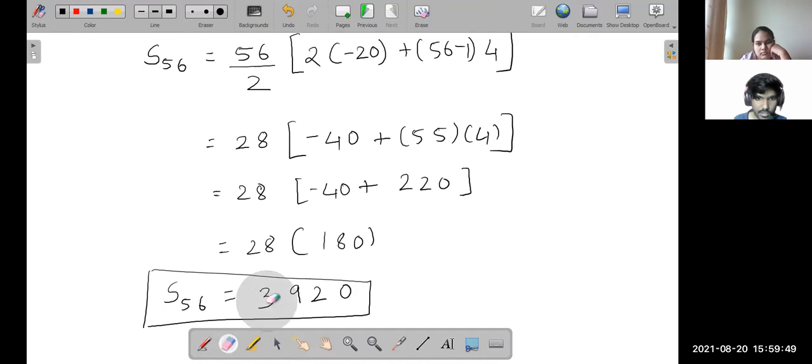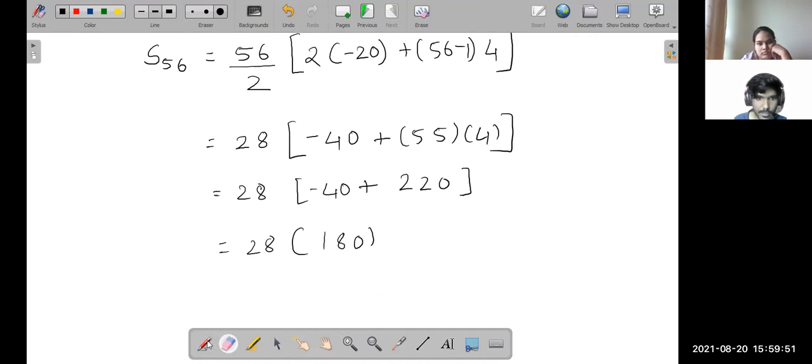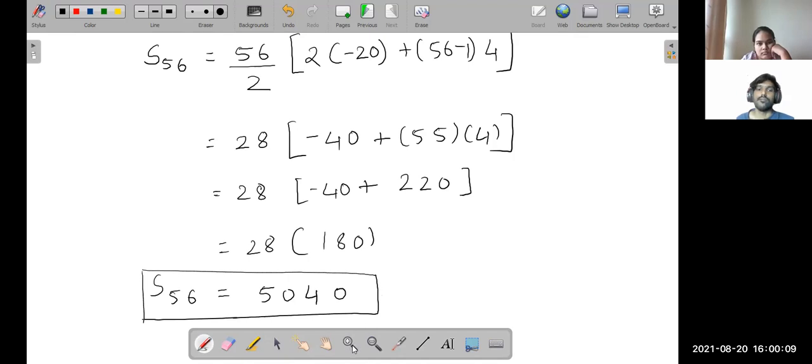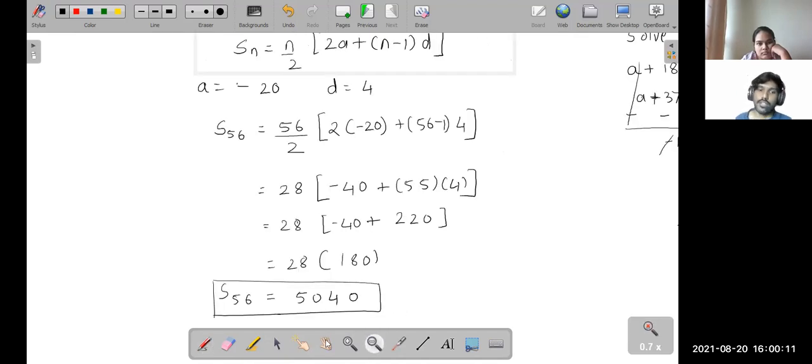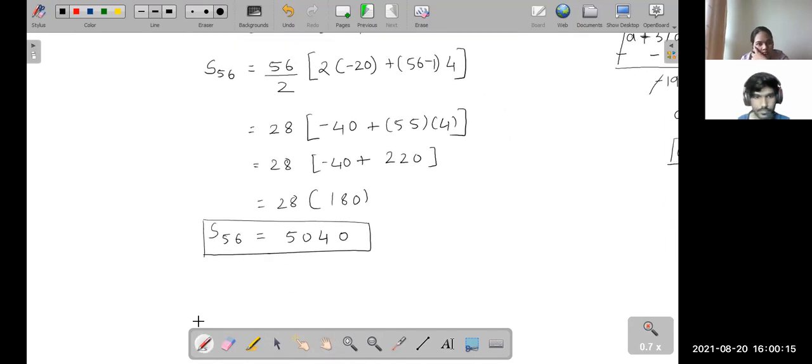Sorry, I did it wrong. 180 times 28 is 5040. That's correct. So the sum of the first 56 terms is 5040.